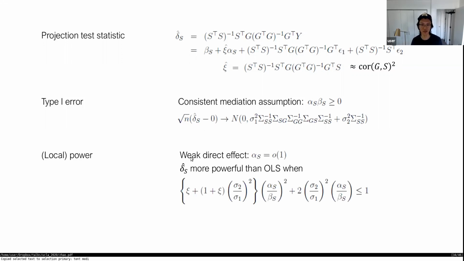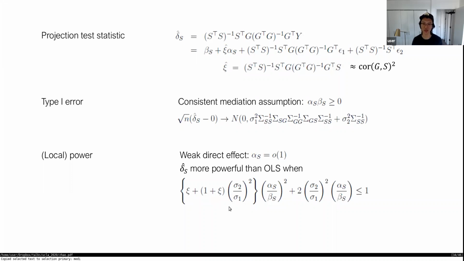For the power situation, we can't really analyze the power of this test statistic very well because of this extra term here. So if we wanted to compare it to the OLS estimator, we had to use a local power idea, where we assume that this alpha S goes to 0. If you have a weak direct effect, we can tell you when this projection test statistic is more powerful than OLS.